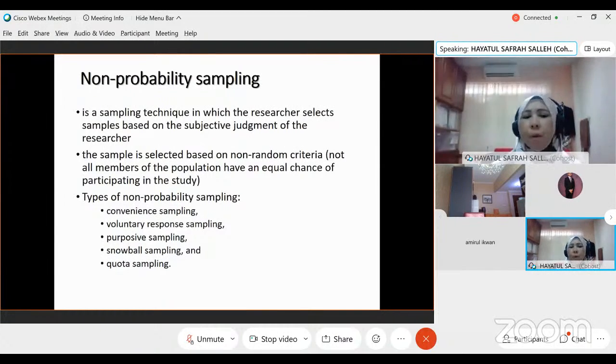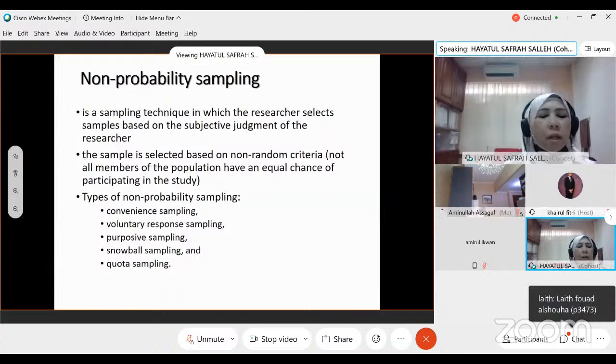So you say never mind, you collect the samples which are convenient to you, near to you, with no need to go to Kelantan or Johor. This is because of a few things that happen in the environment, and other reasons that contribute to your study.